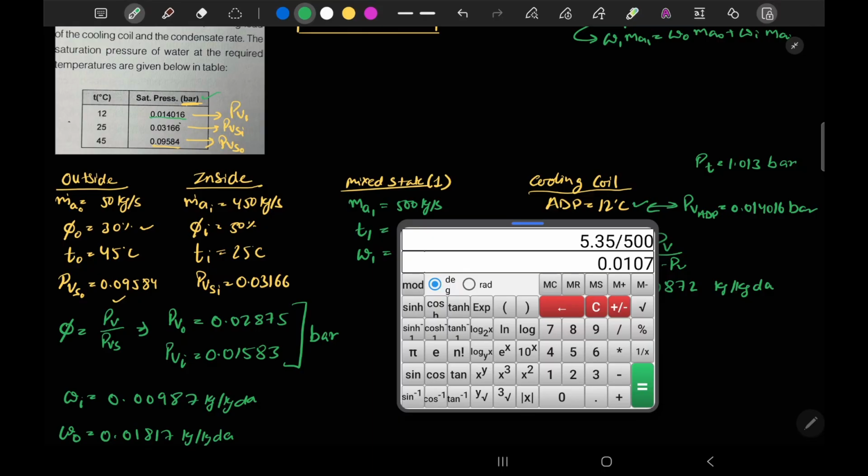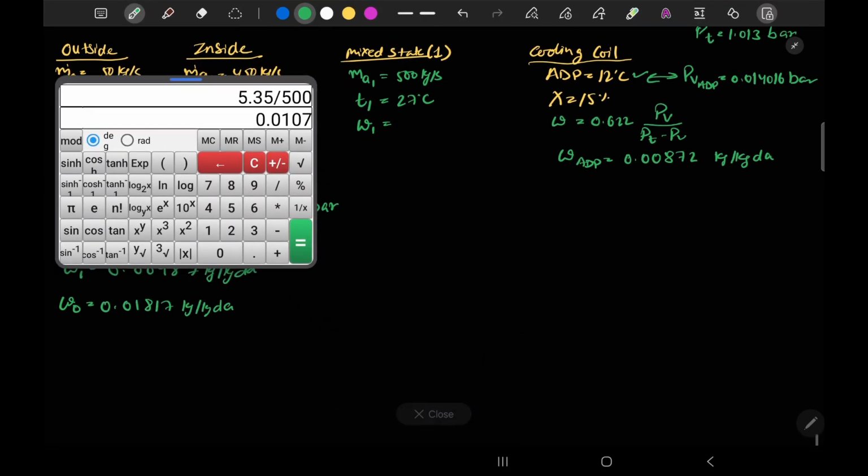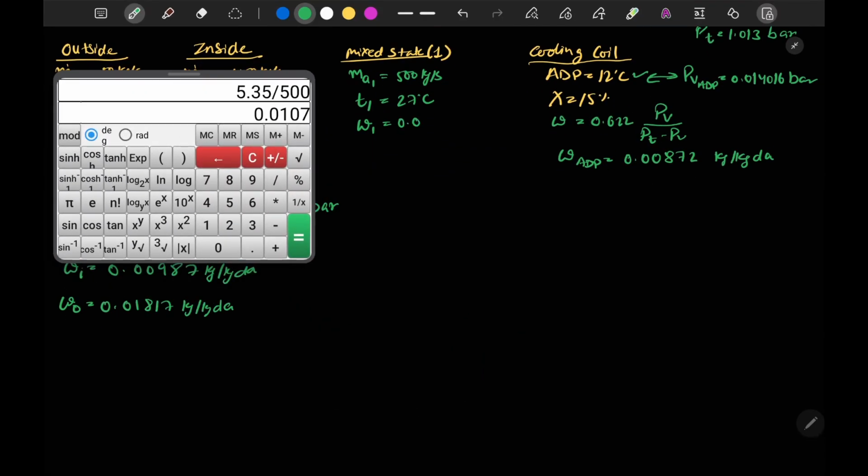So omega 1 is equal to 0.0107 kg per kg of dry air. This is our state at point 1.